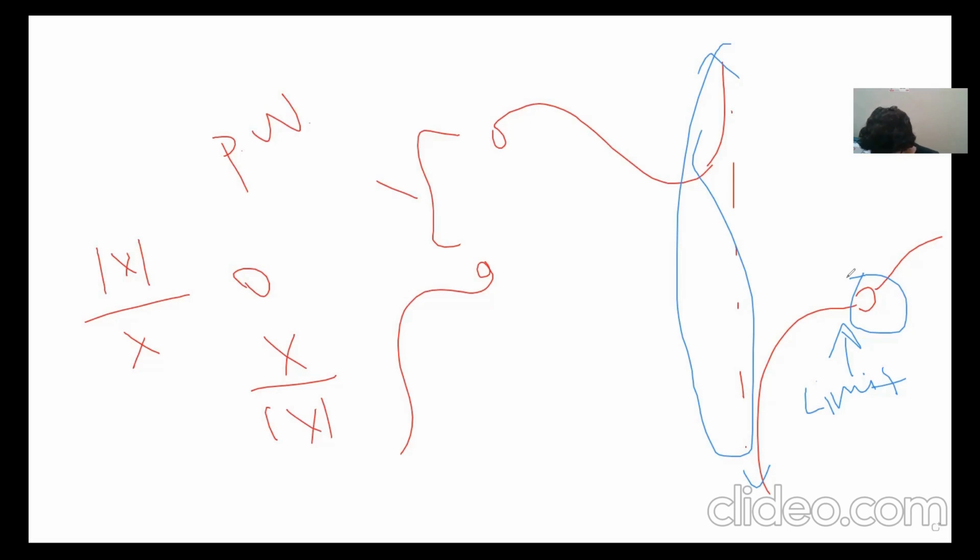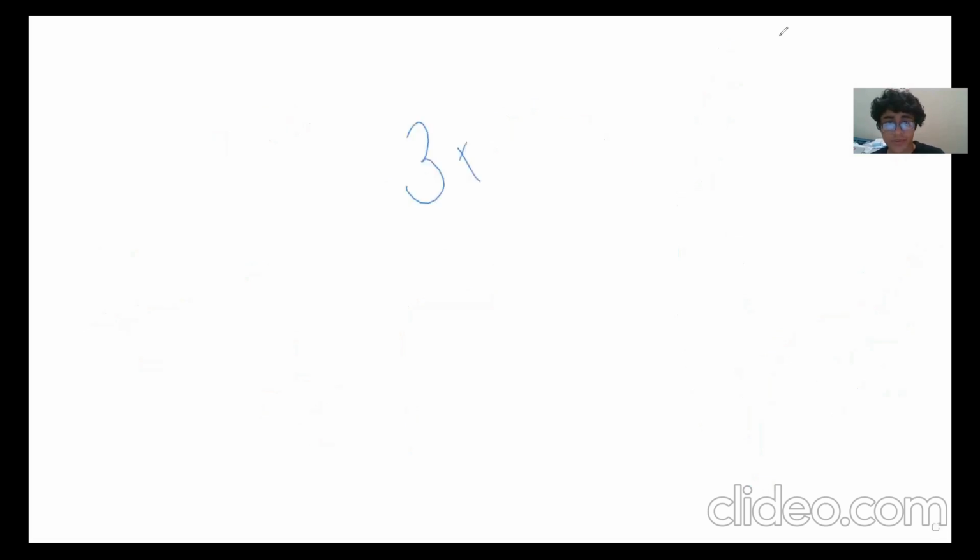Now there are some things regarding limits that are important, like the rules, the limit laws. You know what I mean? So 3x squared, limit as x approaches 2, right? You can do this 3 ways, and this is a linear operator.